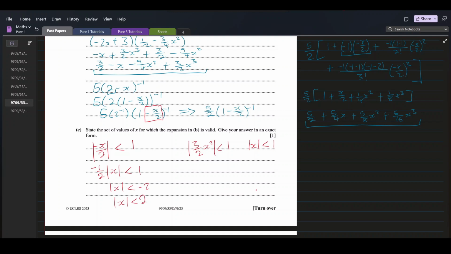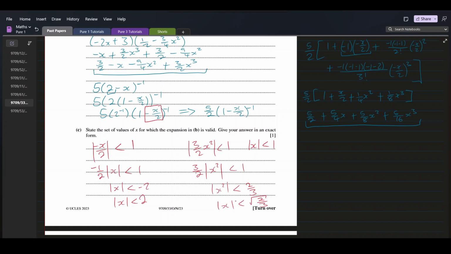Since the modulus always gives us positive values, we can bring out the 3 over 2 outside the modulus. So that's mod x squared is less than 1, and so mod x squared is less than, that will become 2 over 3. Then if we take the square root on both sides, we've got mod x is less than the square root of 2 over 3.